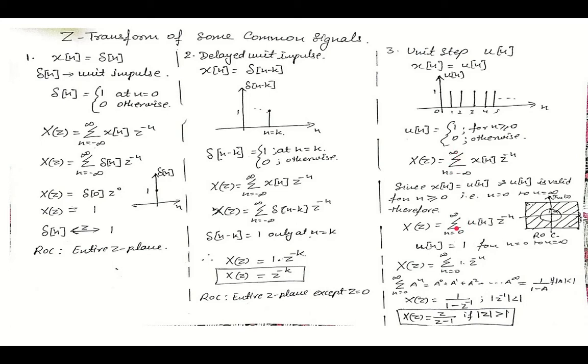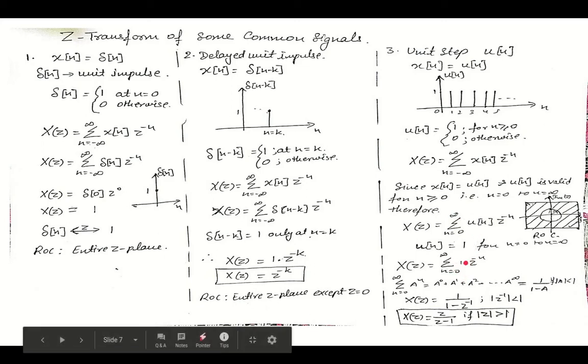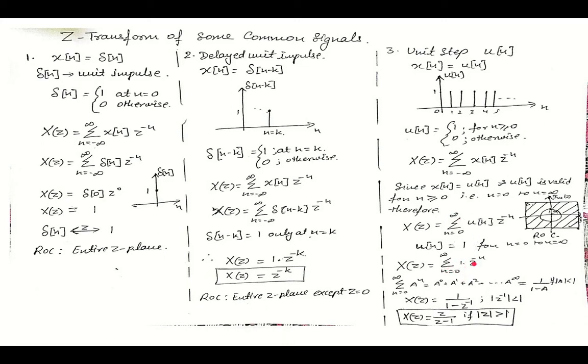This results in sigma n equal to 0 to infinity u[n] into z to the power minus n. The value of u[n] in this duration will be 1, so this results in 1 into z to the power minus n.